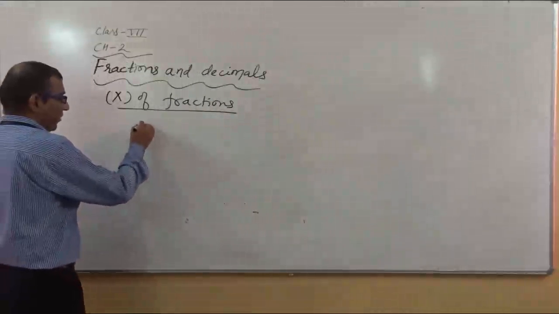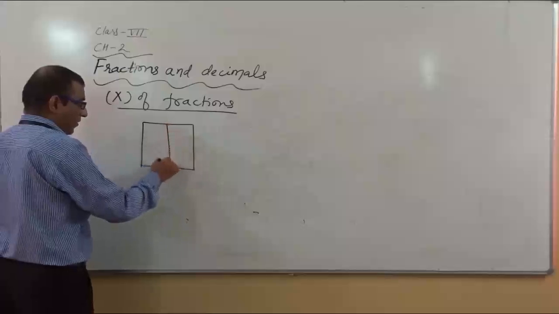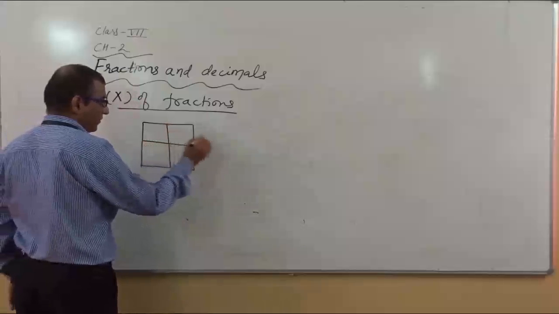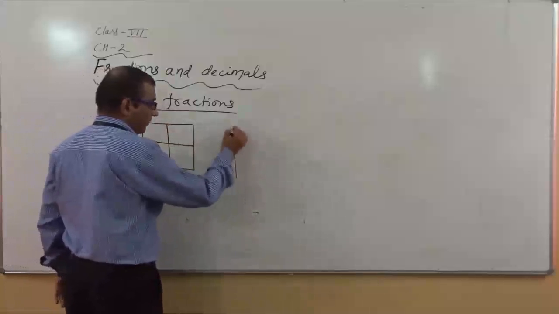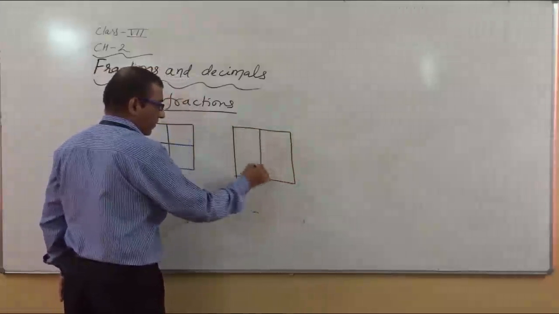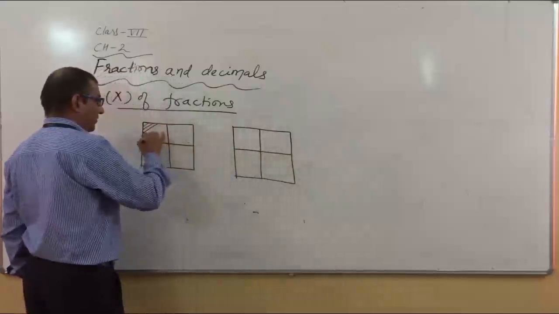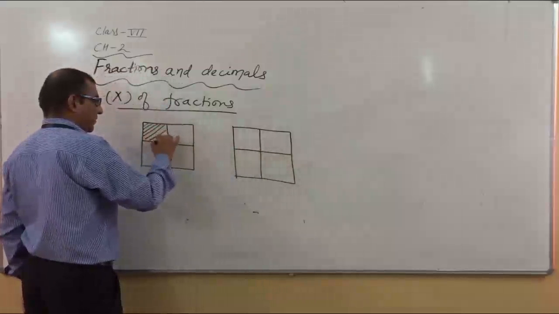Now I am taking some squares. 4 equal parts are there. The first part is shaded in the first square.